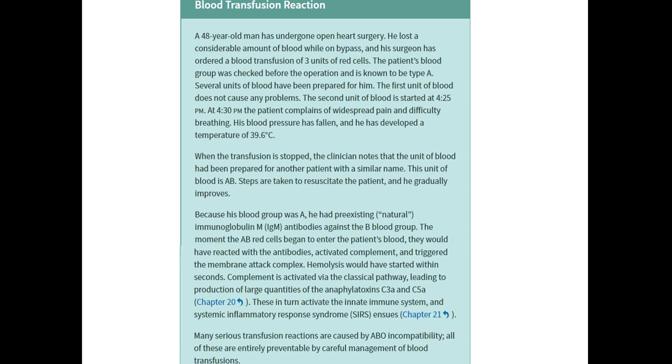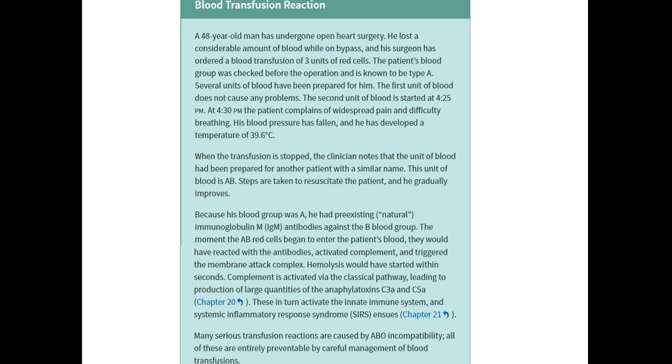So anybody who is taking blood has to be watched and monitored thoroughly for any signs of mismatched or incompatible blood transfusion.